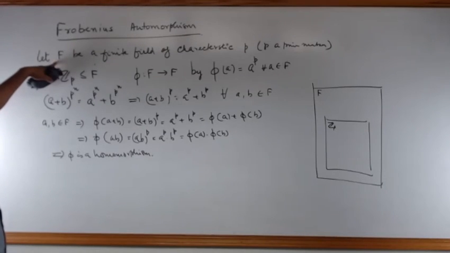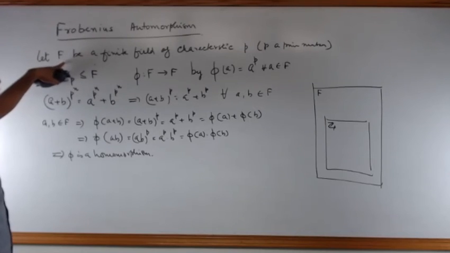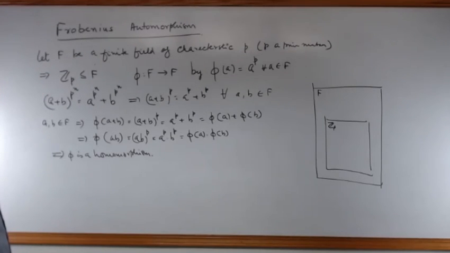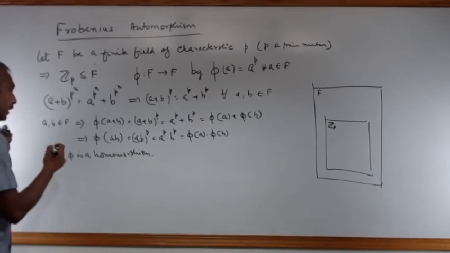F is finite, so it is enough if you show that it is 1-1. In any finite mapping to itself, if it is 1-1, it automatically becomes onto. So how do you prove a homomorphism is 1-1? Take the kernel.